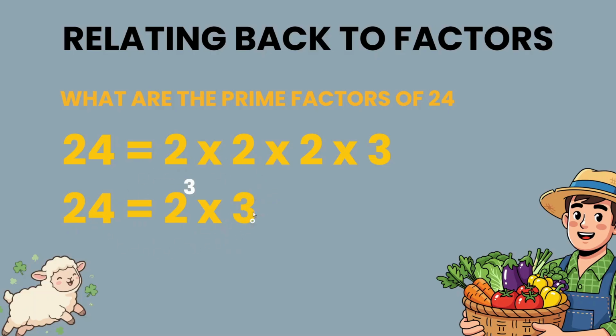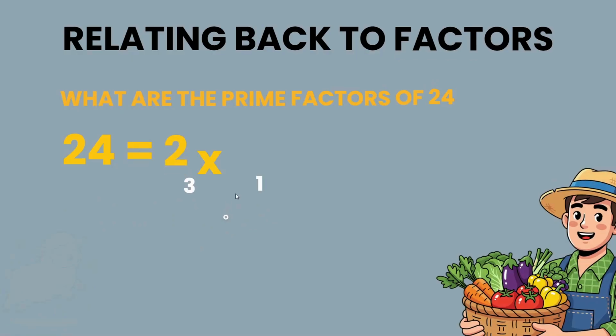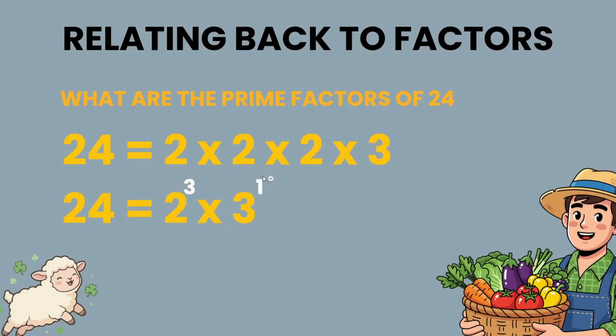But it's not really complete, because this one you can also write in index notation: 3 to the power of 1. So if in the exam they ask you to write the prime factors in index notation, write 2 to the power of 3 times 3 to the power of 1. Some of your teachers might penalize you if you don't write this 1, even though it's correct. You don't need to write it, but we know it's 3 to the power of 1.